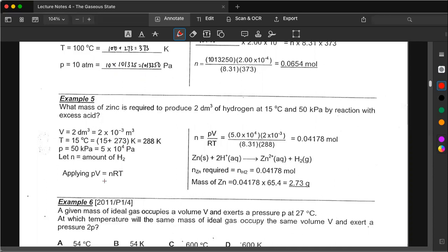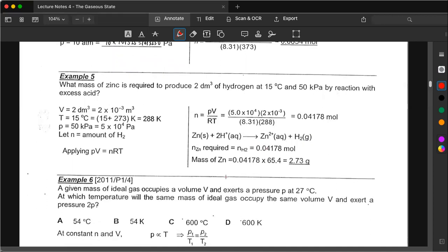Apply the equation, substitute the relevant values. n equals PV over RT, so you shift the equation to make n the subject, and then you will have 0.04178 mole. Use this to work backward to find the mass of zinc. The number of moles of zinc is the same as hydrogen given the mole ratio, and then you will get 2.73 grams.